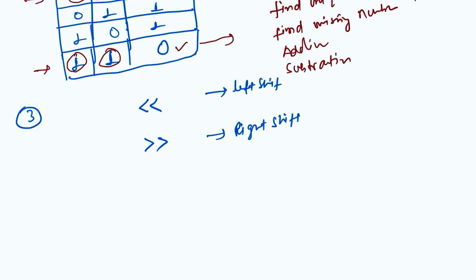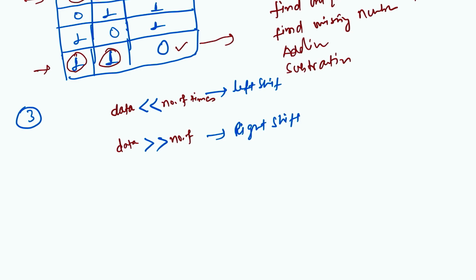Here we can see the syntax: we mention the data, and we have to write here the number of times.